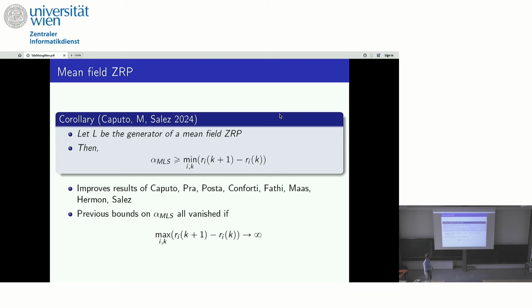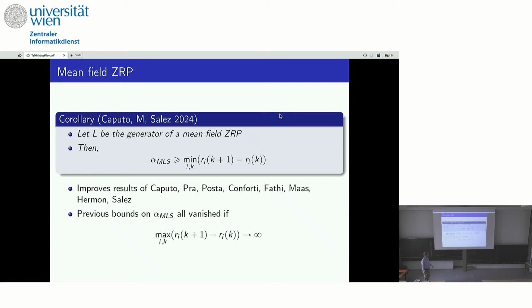Okay, now let's apply this again to our mean field zero range process. We just combine the Ricci curvature, sectional curvature, and our log-Sobolev estimate, and get that the log-Sobolev constant is at least this minimum difference of the jump rates.